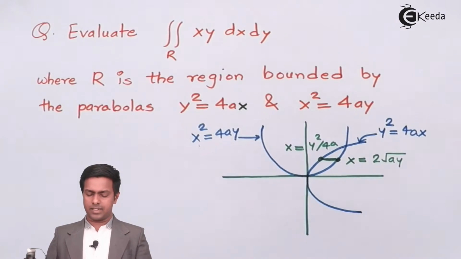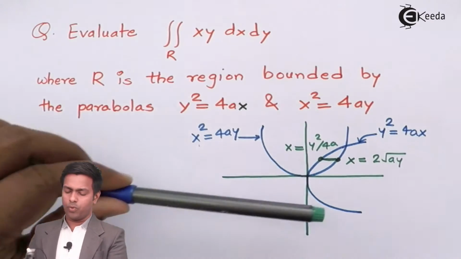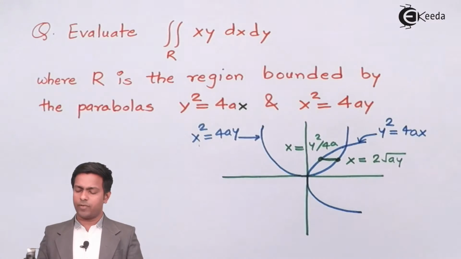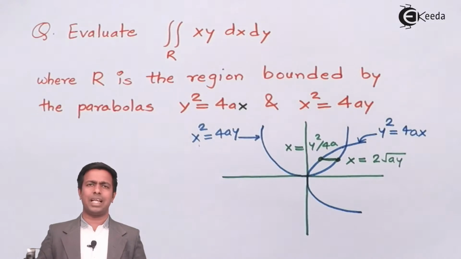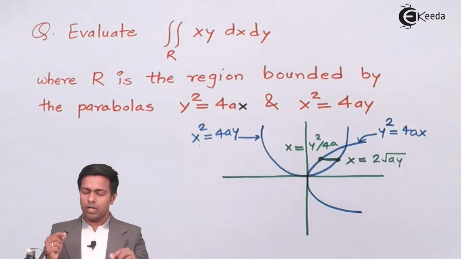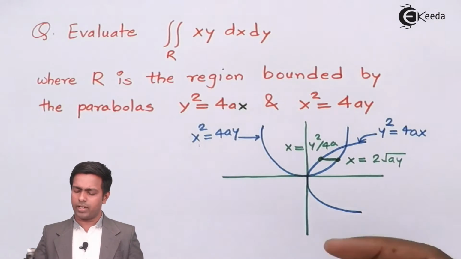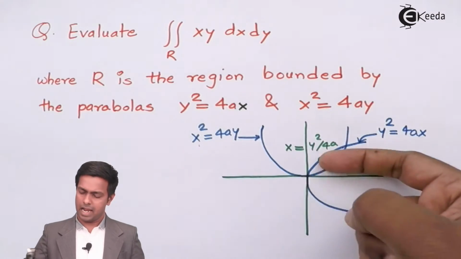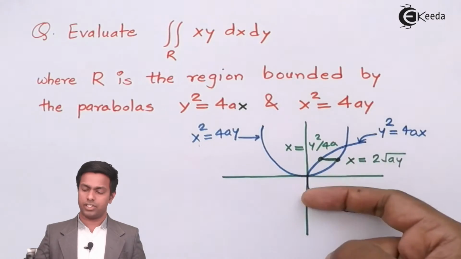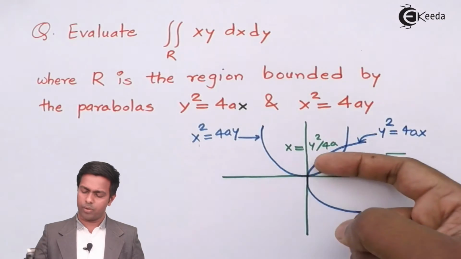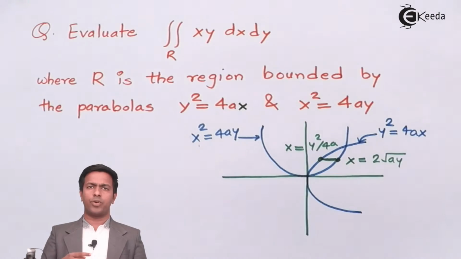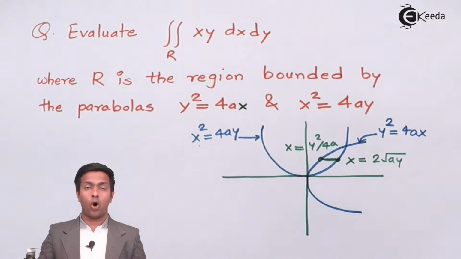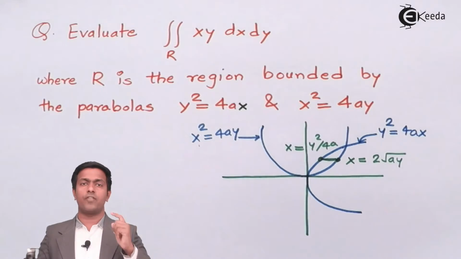Now guys, this strip will move over the region so that it will cover the whole region. So remember that this strip is a flexible strip. Just imagine that this strip is moving vertically and it is covering all the region. So it is going from this part to this part. So when this strip moves vertically, we have to observe the end points of the region.